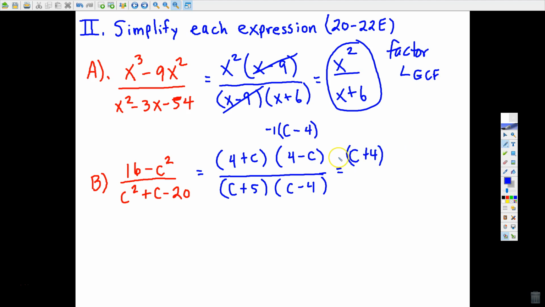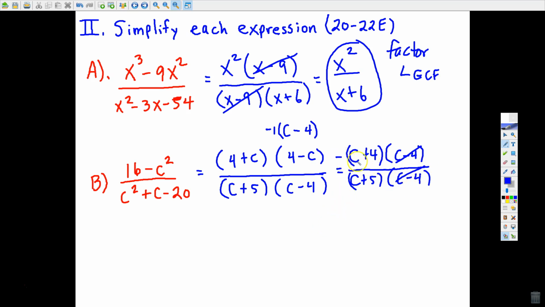So I'm just going to put my negative here at the beginning. I could put negative 1, but I'll just show it as minus. We already got the c plus 4 and then c minus 4. Okay, and then the denominator really hasn't changed. Okay, so now you can see that we have these factors c minus 4 that can be canceled.